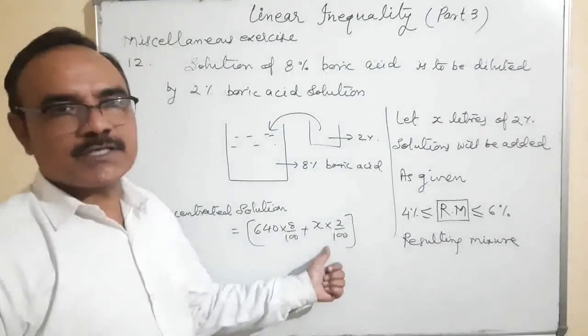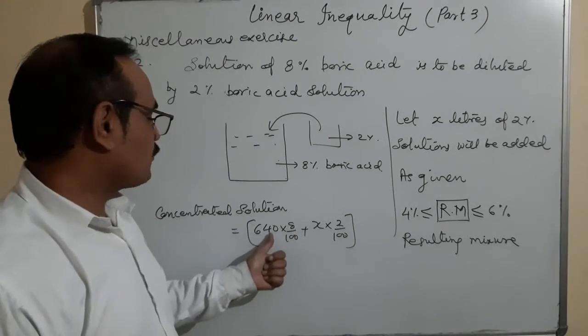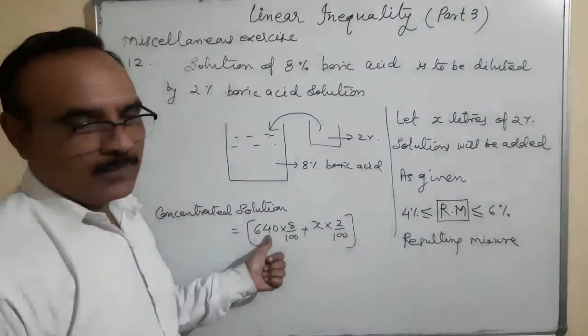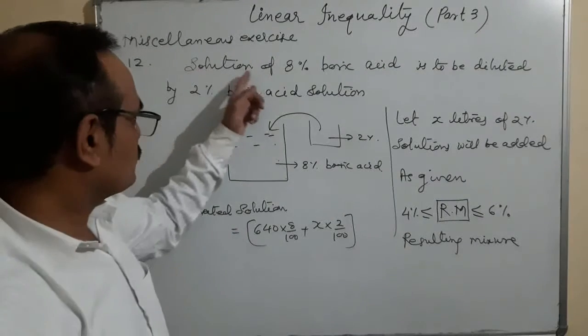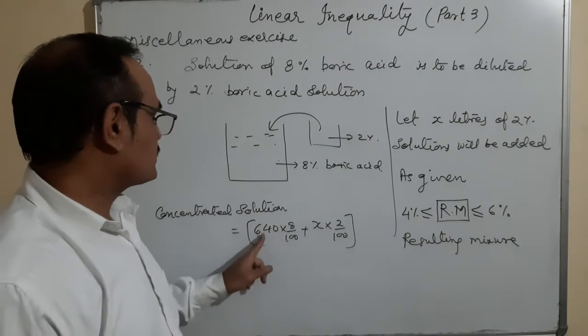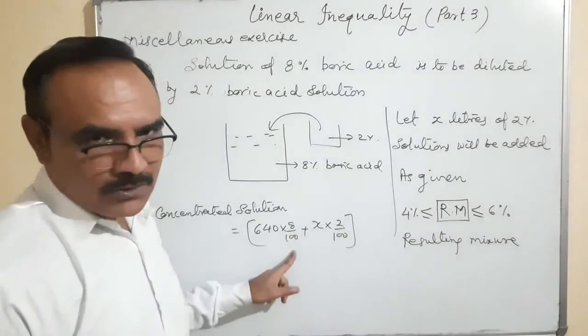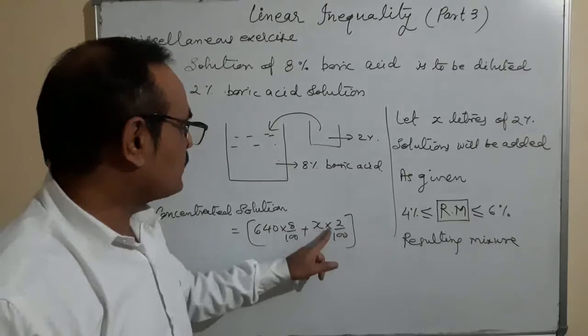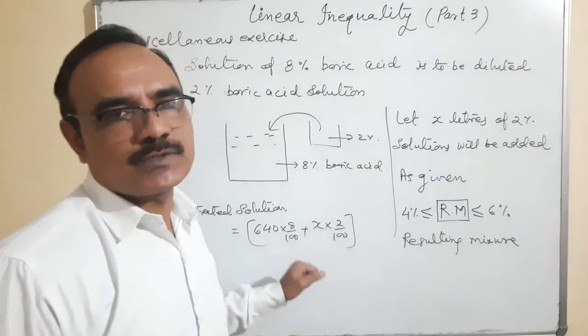So in that 8% boric acid, it is 640 multiplied by 8 upon 100 plus X multiplied by 2 upon 100. This is the concentrated solution.